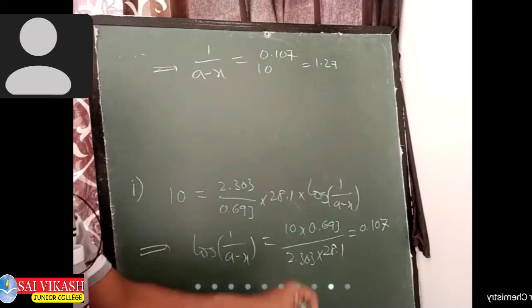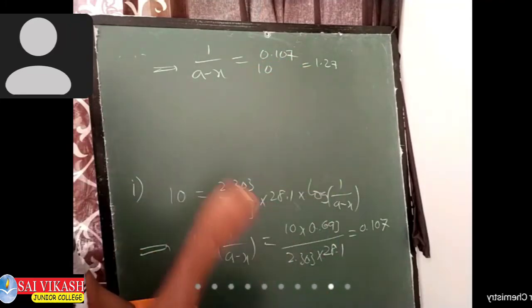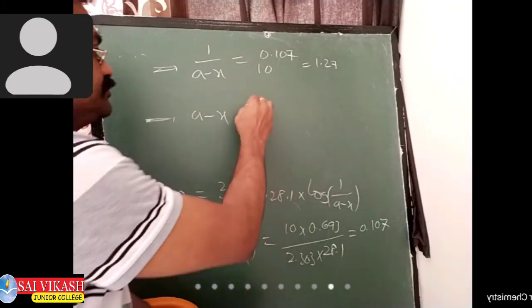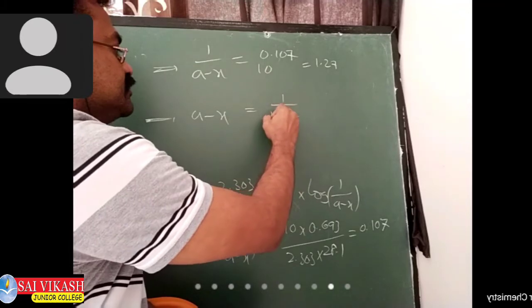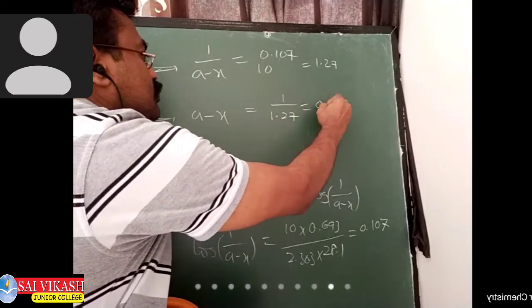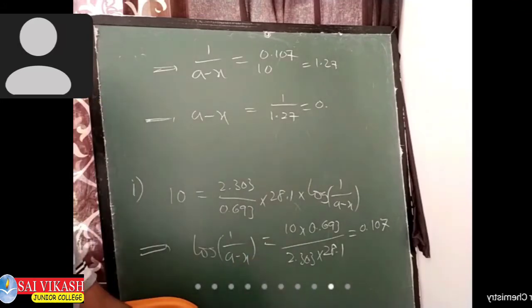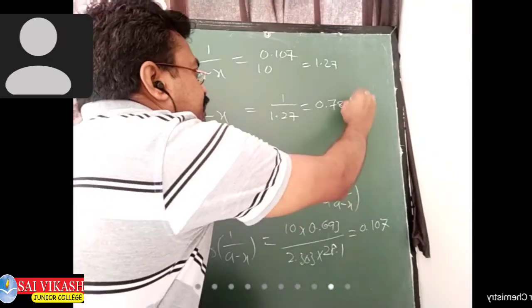1.27. 10 power of 0.107 means 1.27. We want a minus x. A minus x is equal to 1 by 1.27. कितना होगा? 0.78 microgram.